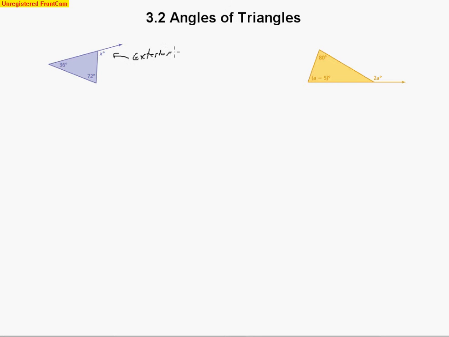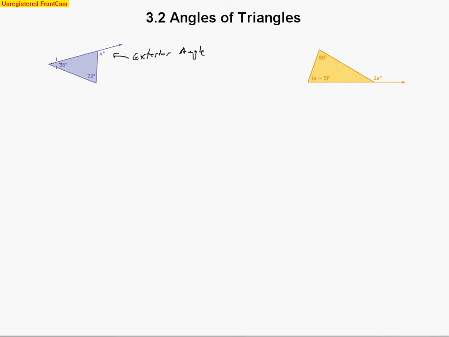And so what we're going to end up noticing about an exterior angle is, remember, all angles in a triangle add to make 180. So 72 plus 36, if I take that and subtract that from 180, that would give me this angle. Well, also a straight line makes 180 degrees. And so what we're going to end up noticing is if we had this angle, we could end up subtracting it from 180 and it would give us this one.